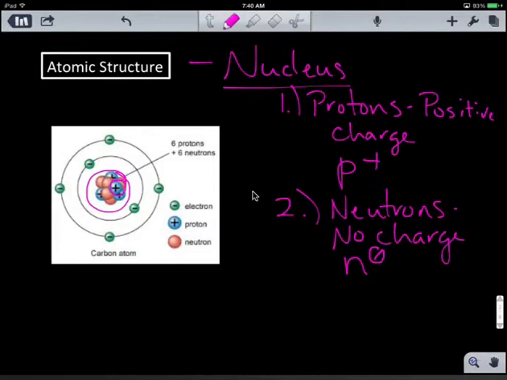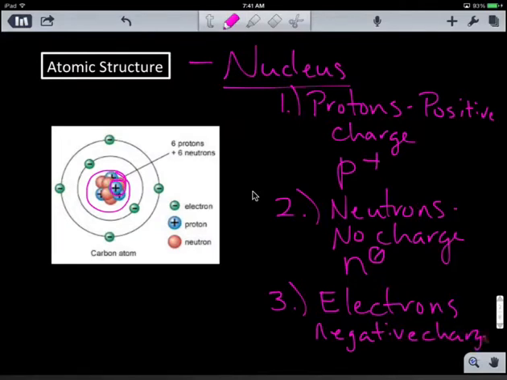Alright, so those are the subatomic particles inside the nucleus. The other particle are the electrons. Electrons always fascinate me because they're the ones that are available to do work for chemists. So they have a negative charge.